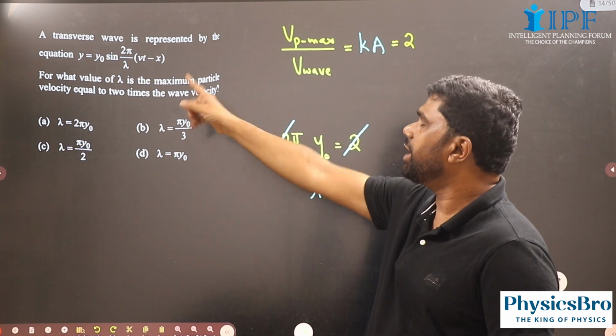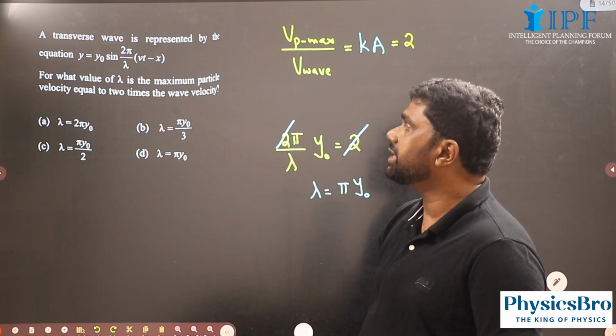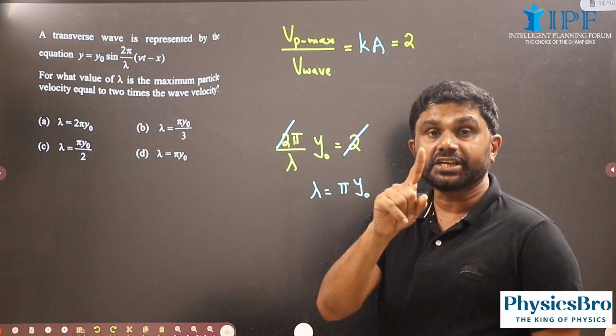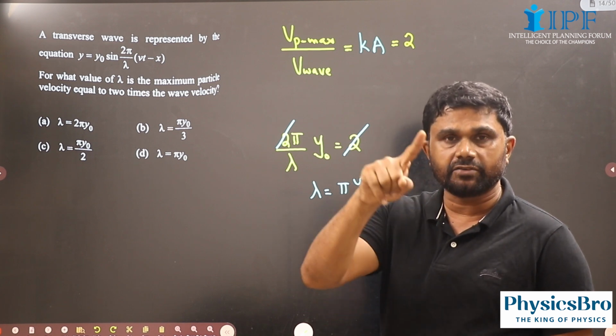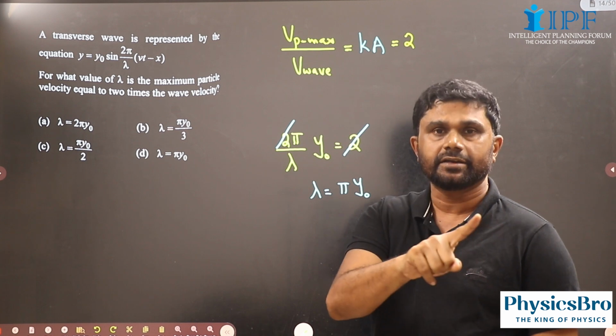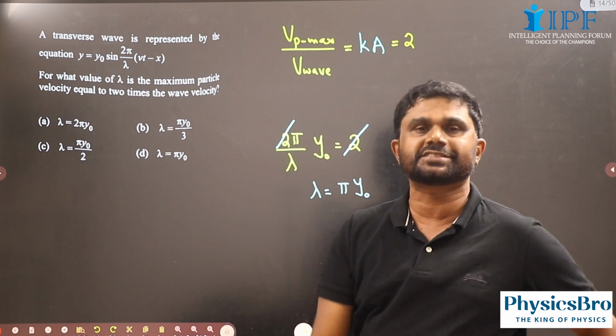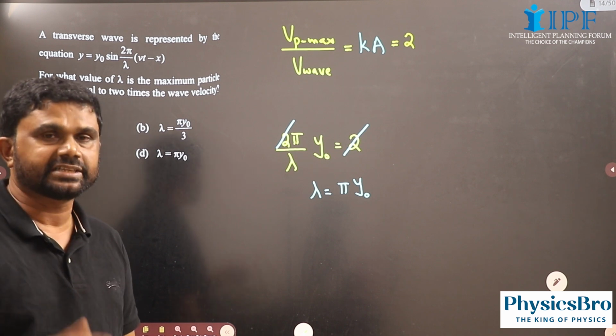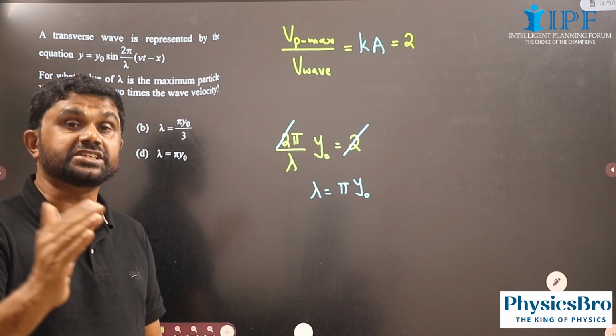For what value of lambda is the maximum particle velocity equal to 2 times the wave velocity? See, the ratio of maximum particle velocity to wave velocity, that is very important, and it is Ka, where K is the propagation constant and A is the amplitude. Here the amplitude is given as y0.